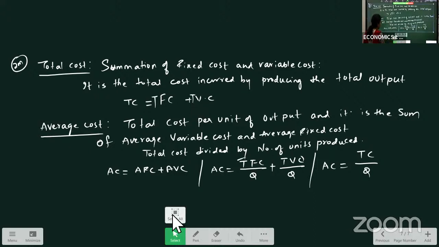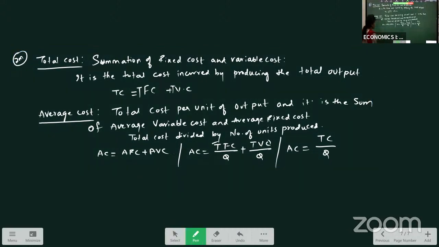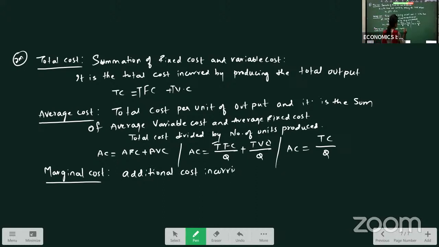Now, after average cost, we will calculate marginal cost. Next one is marginal cost. Marginal cost is what? Additional cost incurred for producing additional unit of output.